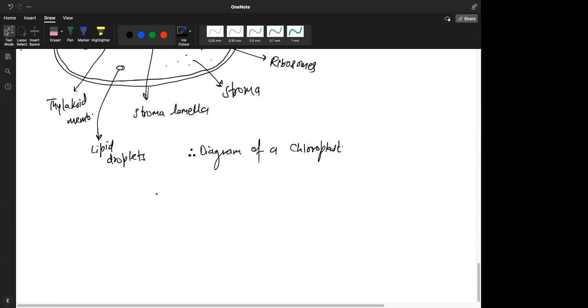Now there are two types of reactions happening in the synthesis of sugar.